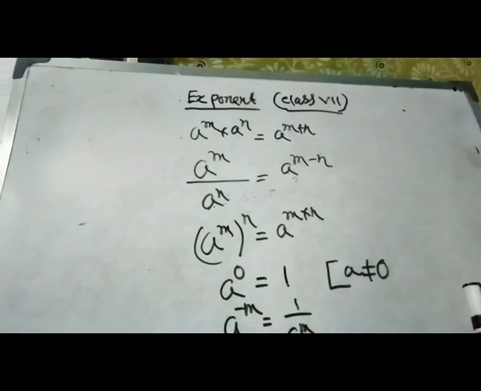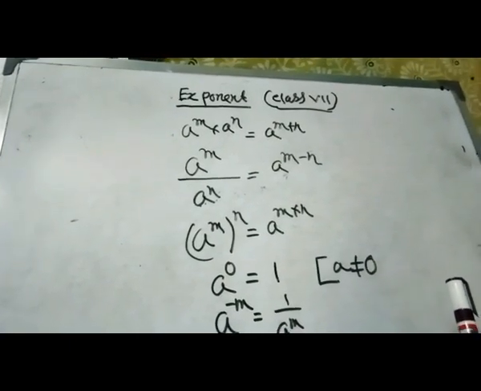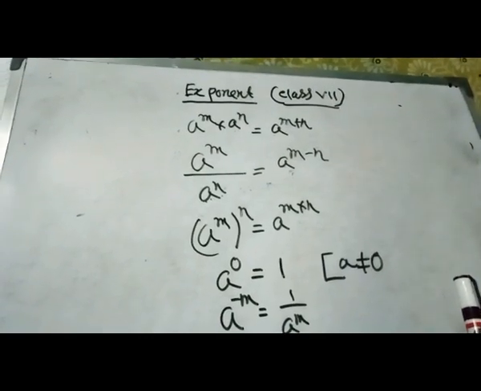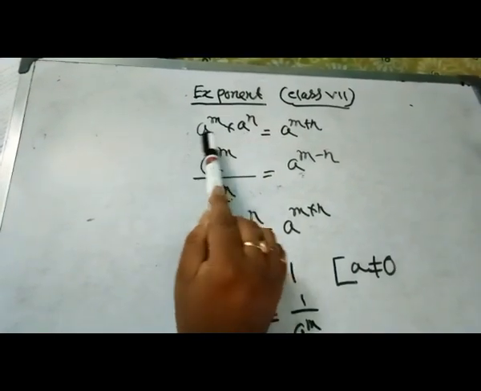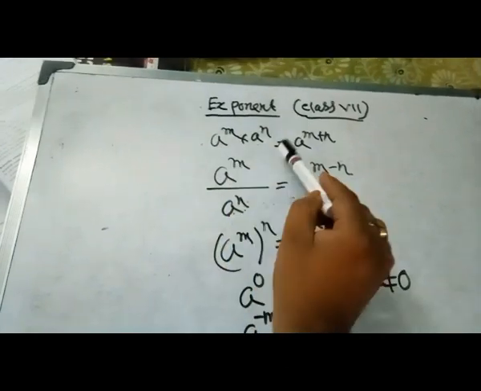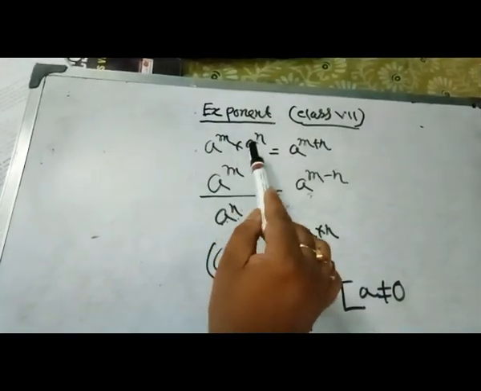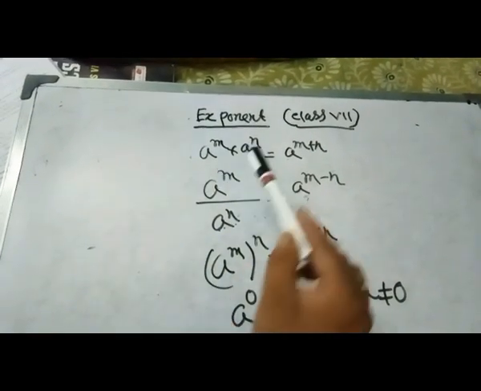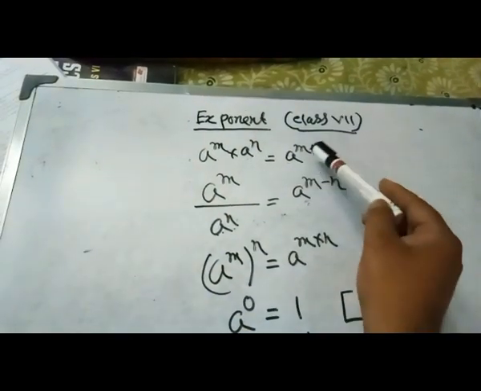The rule is when you observe that both the bases are equal, at that time the powers will be added. Here base a equals base a. In case of this product or multiplication, we have seen that both the bases are equal. As the bases are equal, therefore we can add the powers. That's why we have added these two powers.